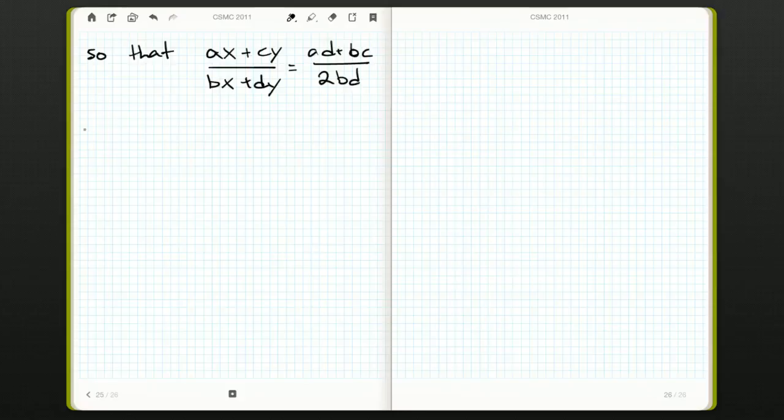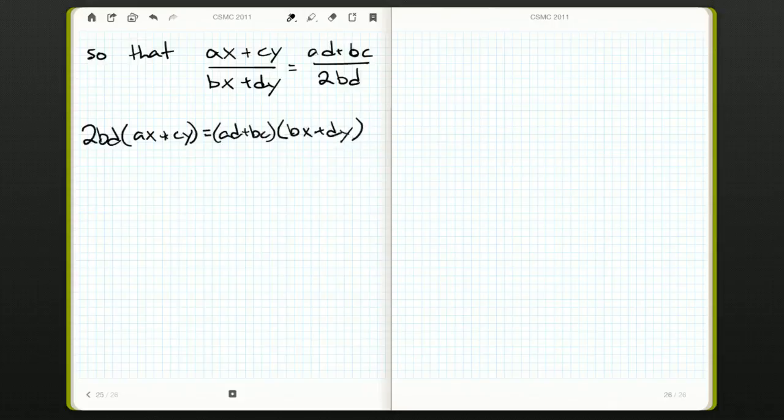So 2BD times (AX plus CY) is going to be (AD plus BC) times (BX plus DY).